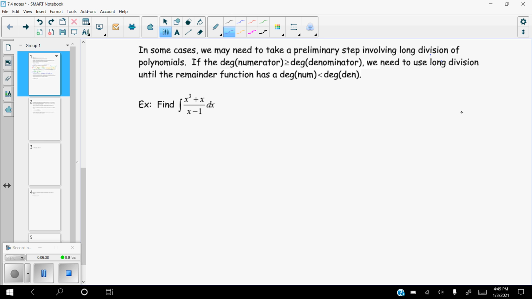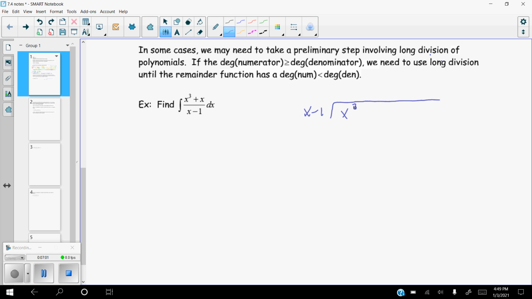So in order to do long division, just like you would do if you had 17 divided by 4, the 4 would go on the outside, the 17 would go on the inside, then you would perform your long division. Well, it's the same general idea. We're going to put our division symbol here. The x minus 1, which is the denominator, goes on the outside. The x cubed plus x goes on the inside.